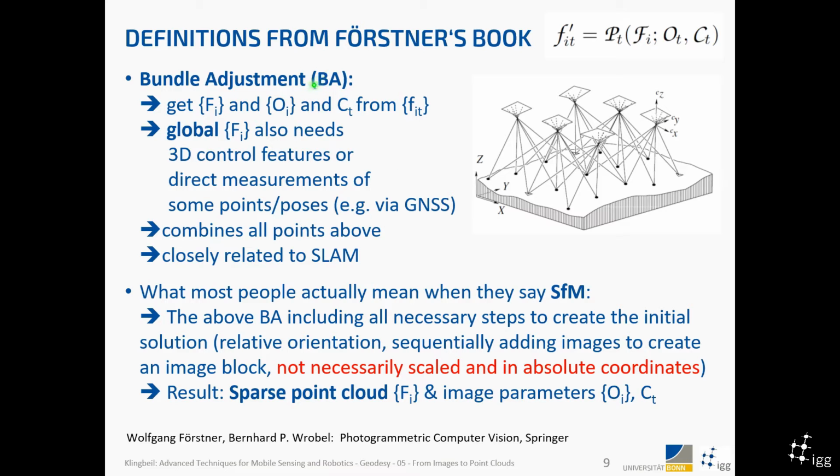And then there's bundle adjustment, which is deriving the structure, the capital Fs, the orientation, and the camera calibration from these observations. If this is valid in a global coordinate system, we also need 3D control features or direct measurements of some points or poses, for example via GNSS.